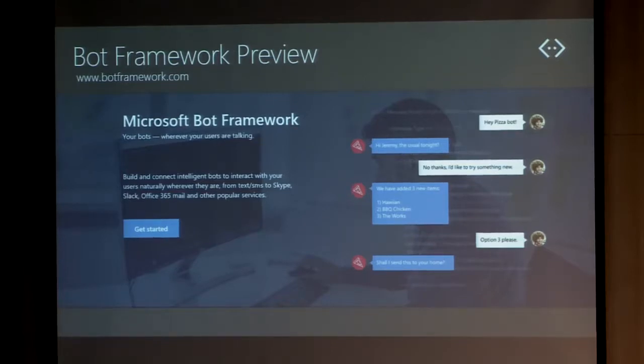This is not a human. The pizza bot says, hi, how are you? PizzaBot knows who Jeremy is, and asks, do you want your usual pizza? Jeremy says, no thanks, I'd like to try something new. PizzaBot knows what Jeremy is trying to say, gives him some options, Jeremy picks option 3, and the PizzaBot then delivers that pizza to Jeremy.